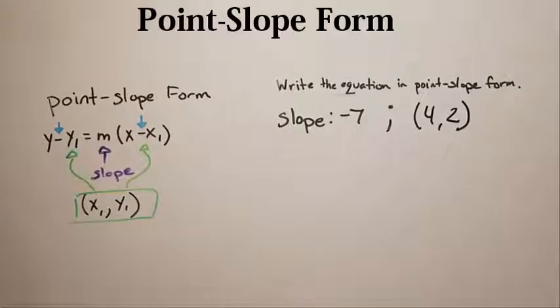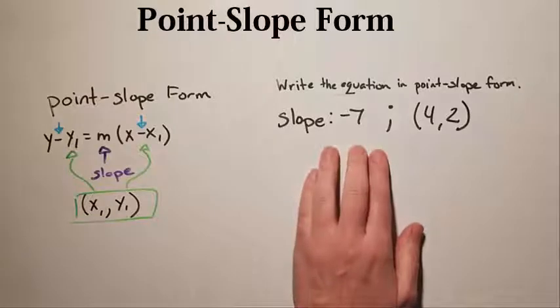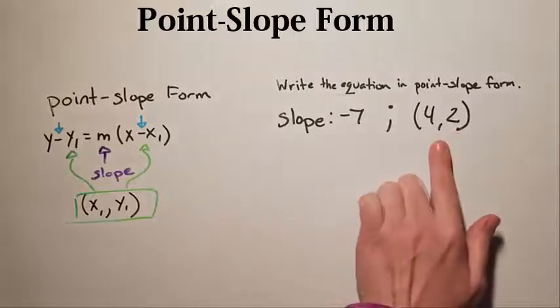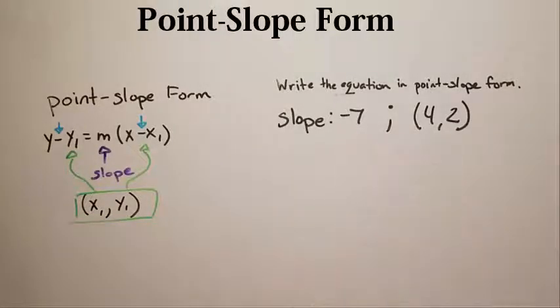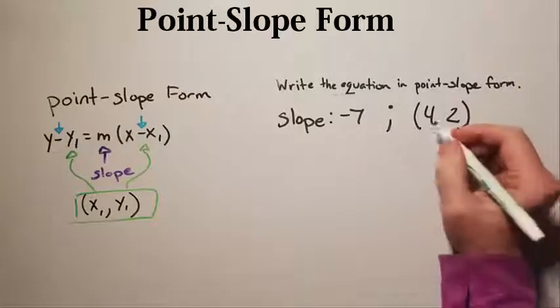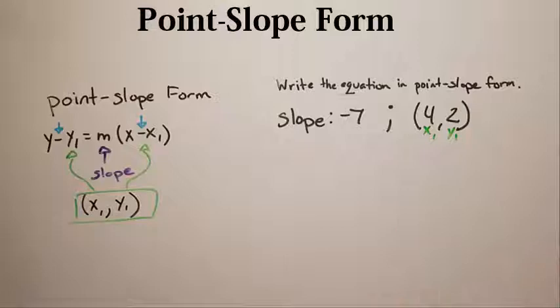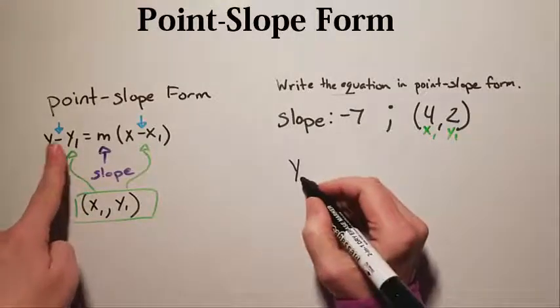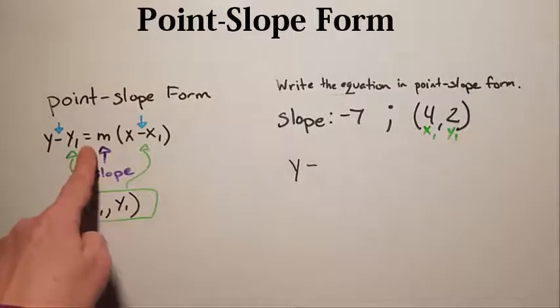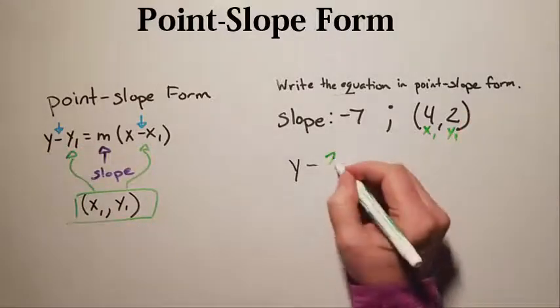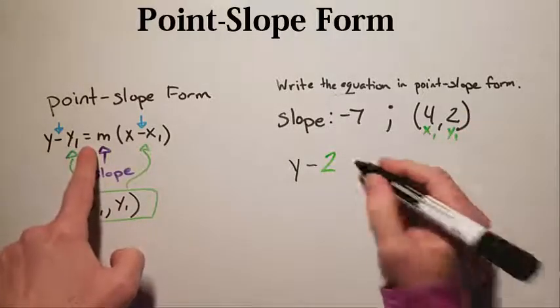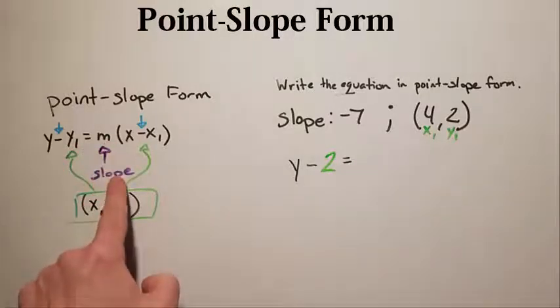So the next practice problem, they want us to write this in point-slope form. Since I'm given a point and I'm given a slope, that will be easy to do. So for my point, let's go ahead and identify x1, y1. My slope is already identified for me. So my equation is y minus, I need y1. y1 was 2, equals, I need my slope.